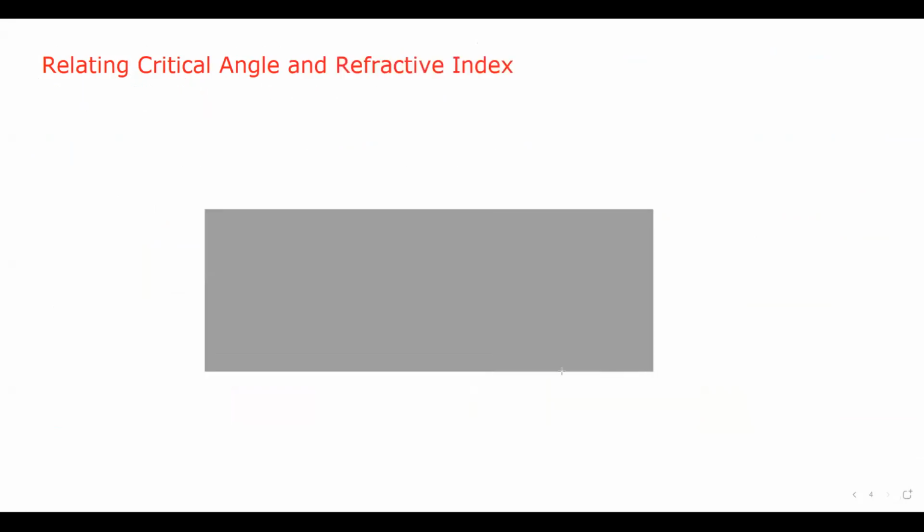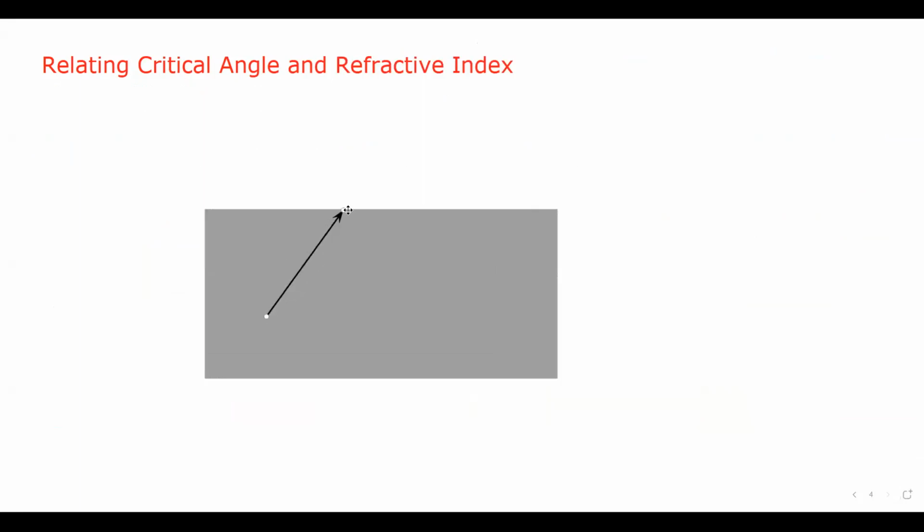Basically what happens at a critical angle: the light is in the glass or water, in a dense medium, and it travels along the surface. Some of the light is refracted, some of the light is reflected. The reflected part we are not considering because we just want to complete the figure.